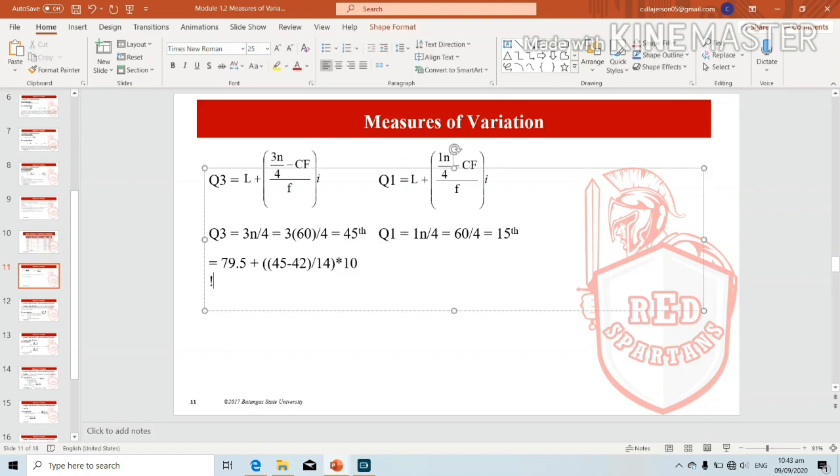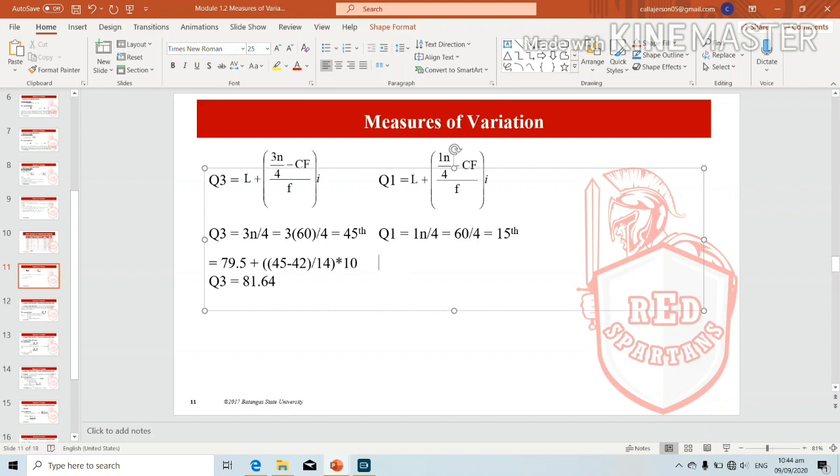So, ano ang Q3 natin? Compute natin. So, 45 minus 42 divide 14 times 10 plus 79.5 equal to 81.64. So, 2 decimal yung gagamitin natin.